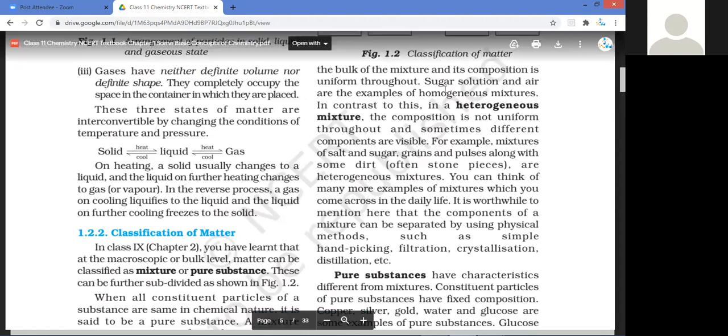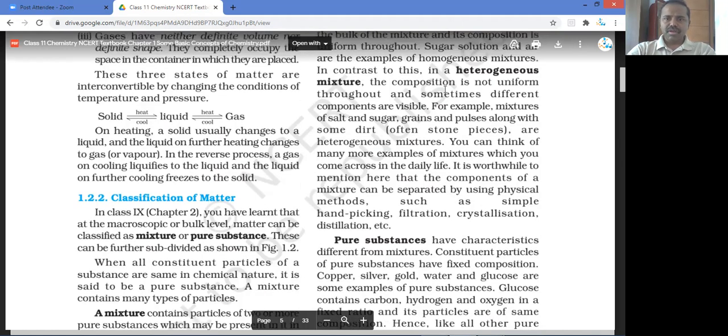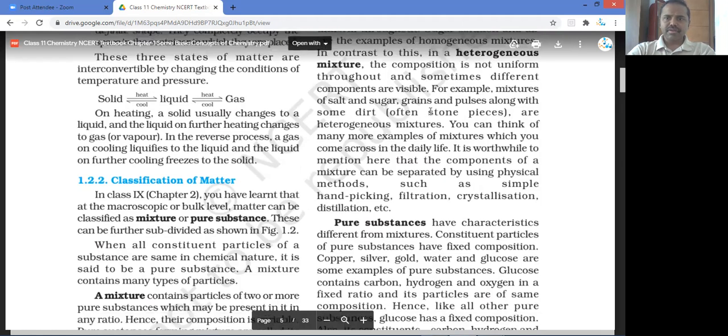Sugar solution and air are examples of homogeneous mixtures. In a heterogeneous mixture, the composition is not uniform throughout, and sometimes different components are visible. Examples are mixtures of salt and sugar, and grains and pulses along with some dirt. You can think of many more examples of mixtures that you come across in daily life.